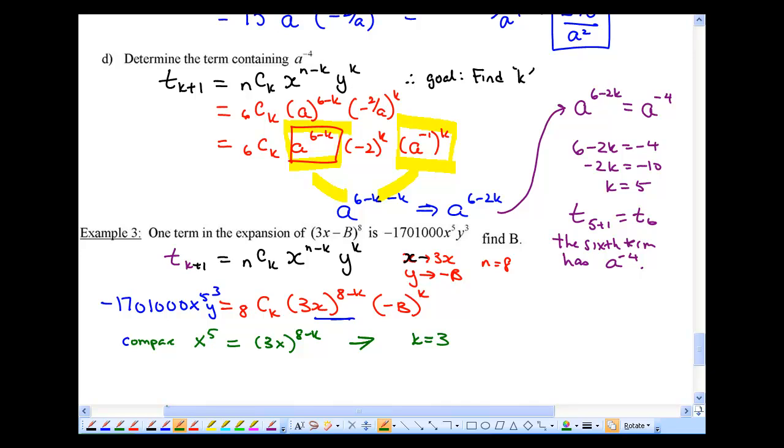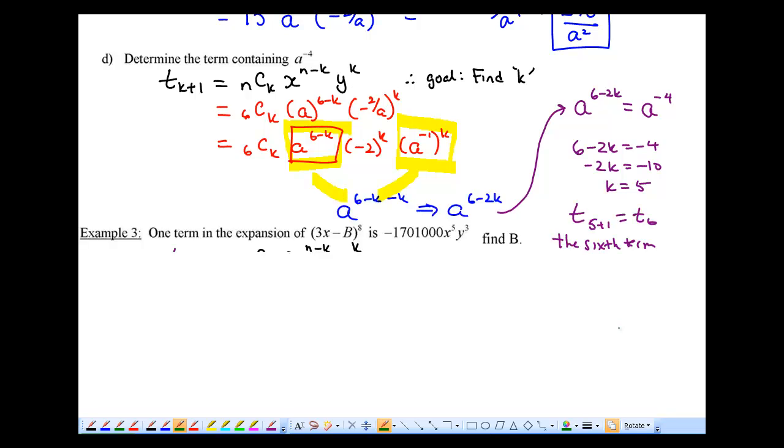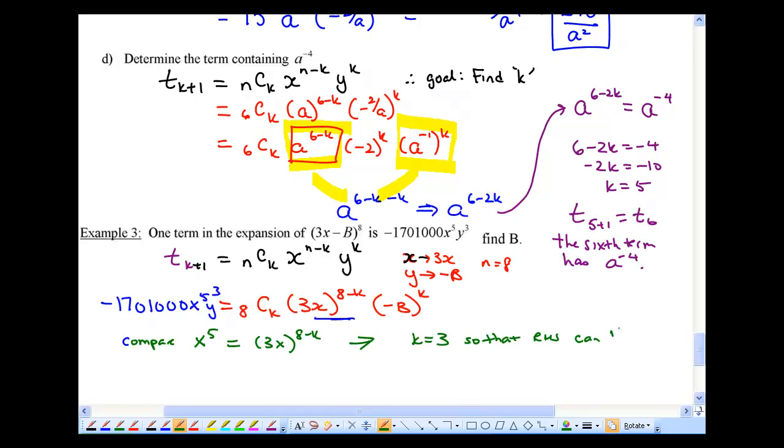Right? k equals 3, so that the right-hand side can be x to the power of 5. That's great, because now I know what k is. So if I know what k is, then I can do even more stuff now, right?